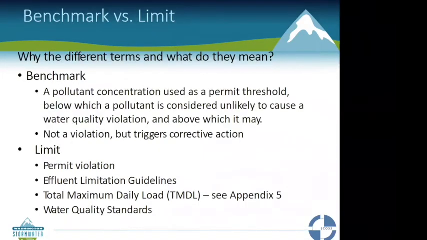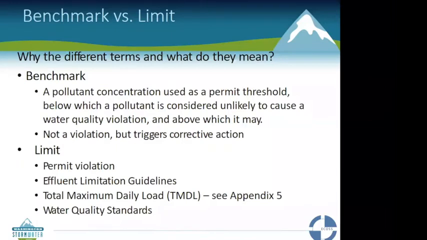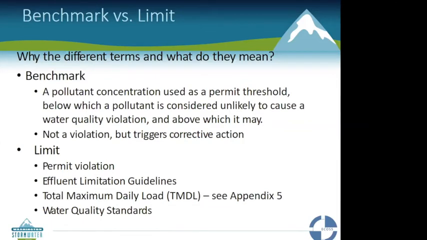All right. So benchmark versus limit. Why the different terms and what do they mean? A benchmark is a pollutant concentration used as a threshold. It's considered unlikely to cause a water quality violation, but above that level, it may cause a water quality violation.